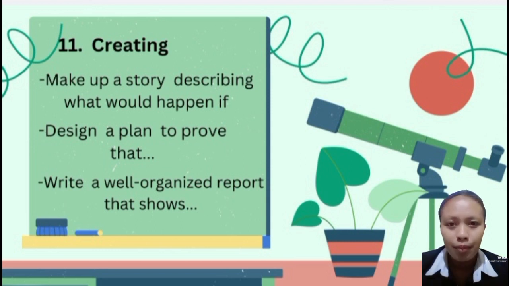So remember that in creating, you will always make it on your own by the use of the concepts that you have learned, like in the example I gave earlier.